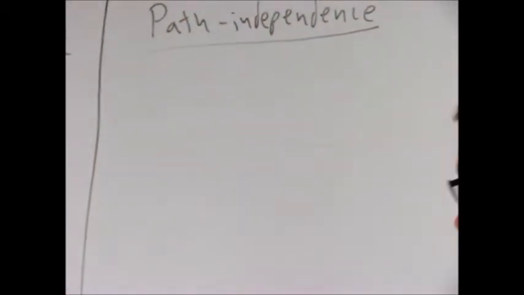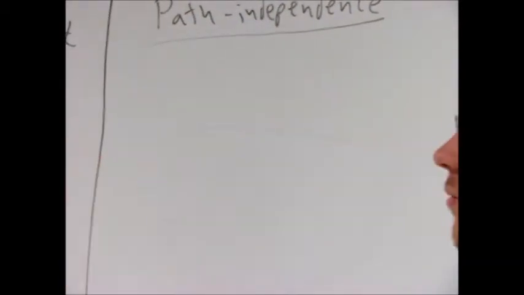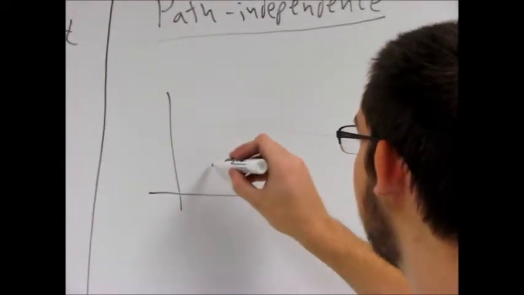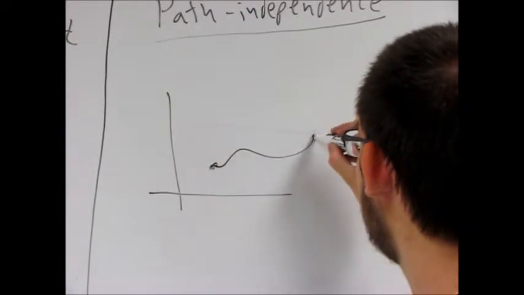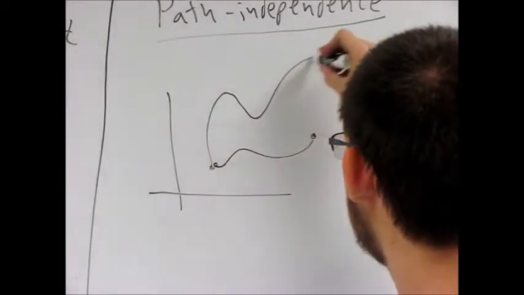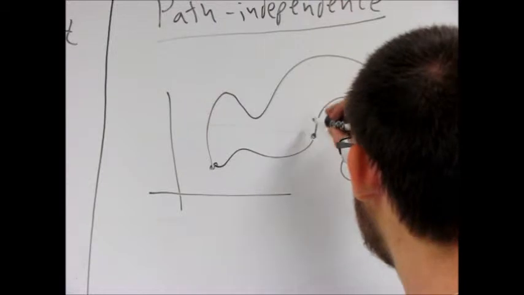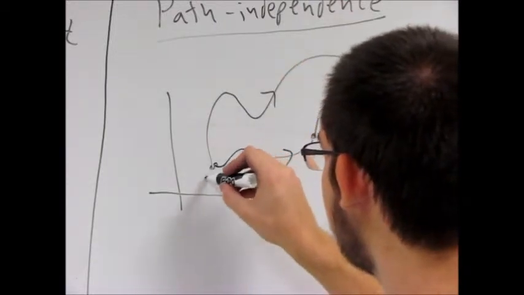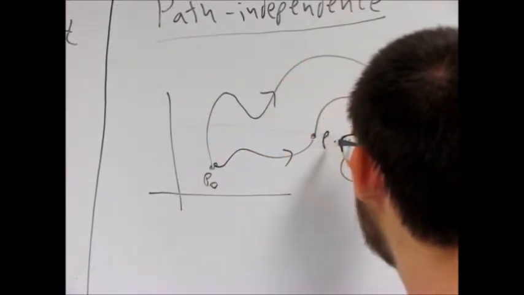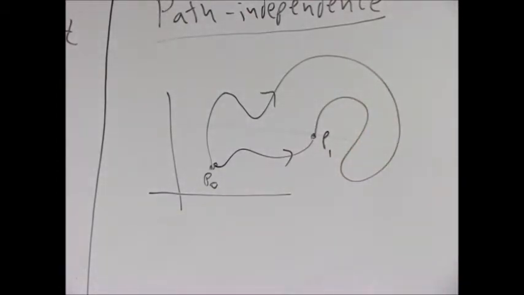Which says that the integrals of these vector fields that are also gradient fields are path independent, which means that it doesn't matter which path I take to get from our first point to the second point, the integral will be the same. It just depends on the end points and not on how you get there.